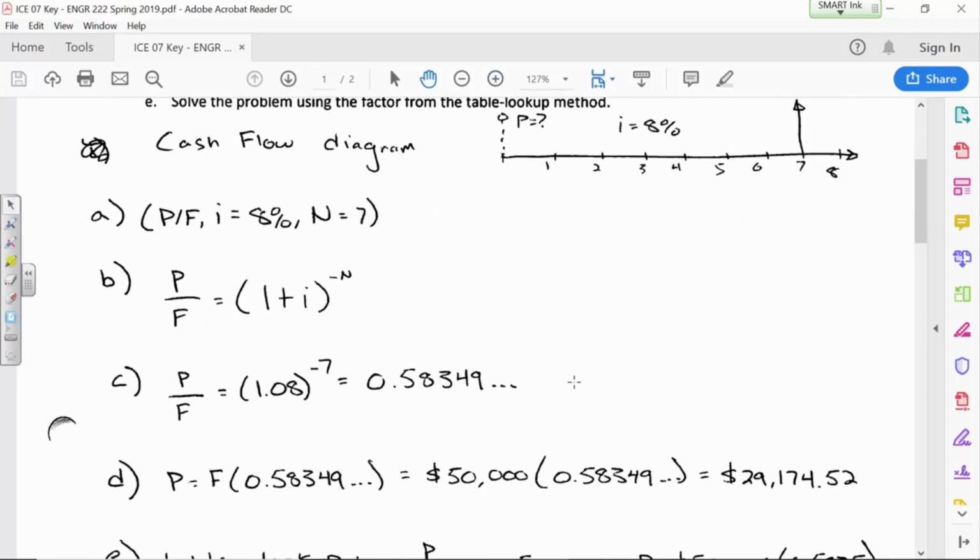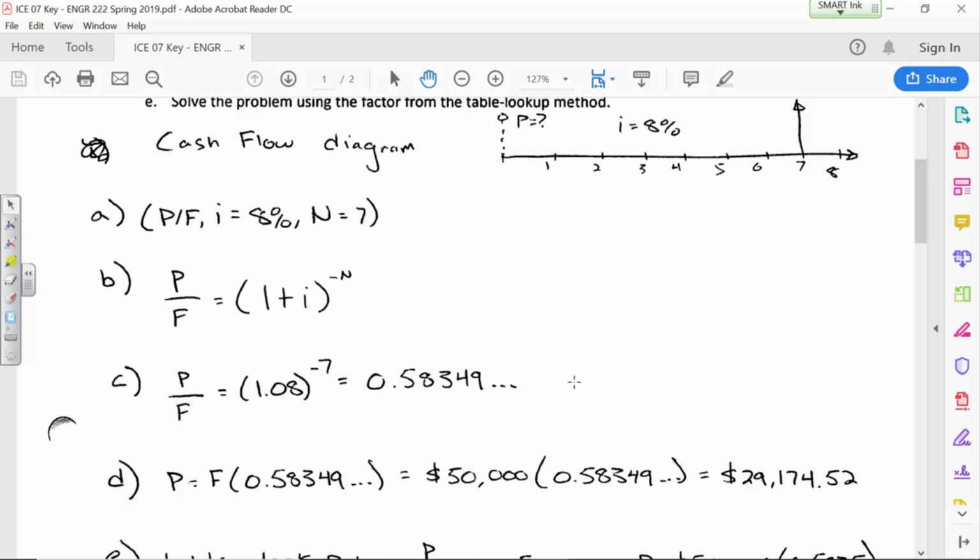This dot, dot, dot that I'm showing here, what that means is it's just a way of indicating that there's a lot more decimals, and I kept them in my calculator when I did the calculations, but I don't want to write all 16 of them or whatever my calculator is displaying. It's an acknowledgement that there's a lot of precision there that I'm retaining in the rest of the calculations.